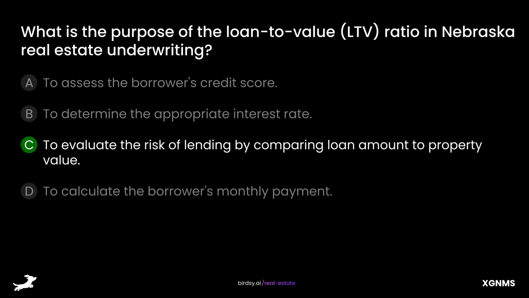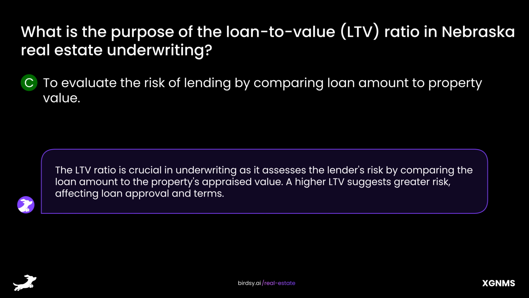The answer is C, to evaluate the risk of lending by comparing loan amount to property value. The LTV ratio is crucial in underwriting as it assesses the lender's risk by comparing the loan amount to the property's appraised value. A higher LTV suggests greater risk, affecting loan approval and terms.